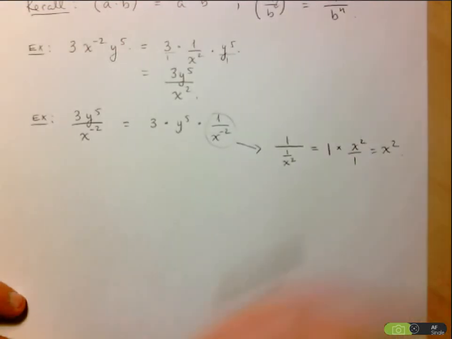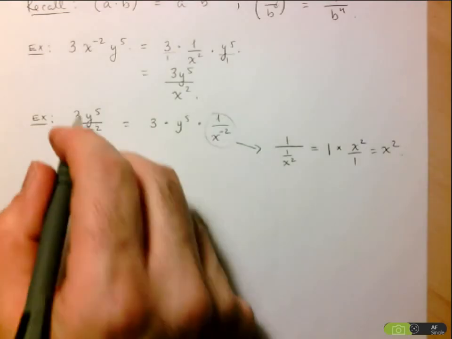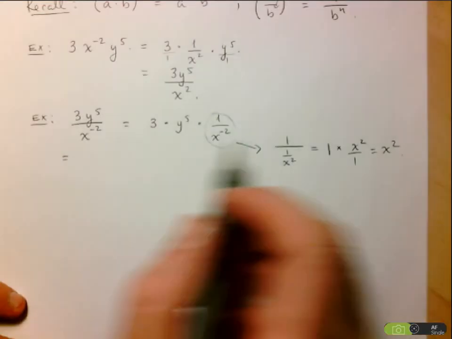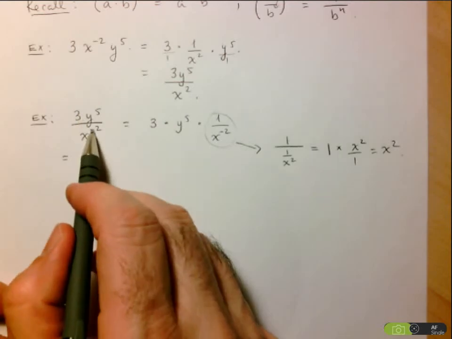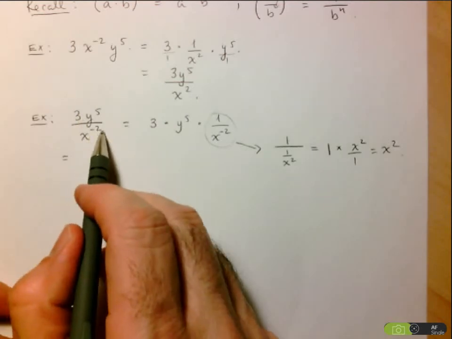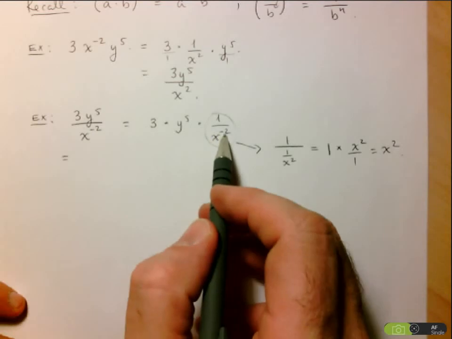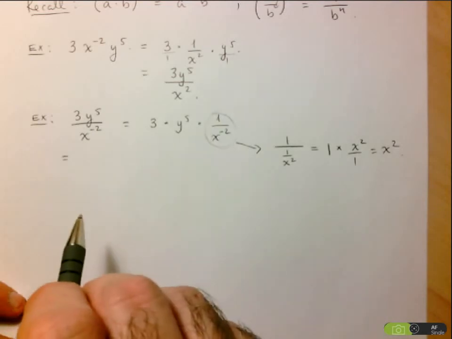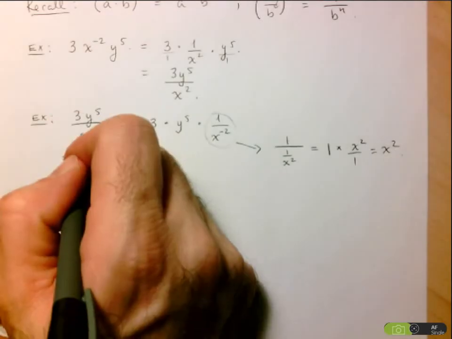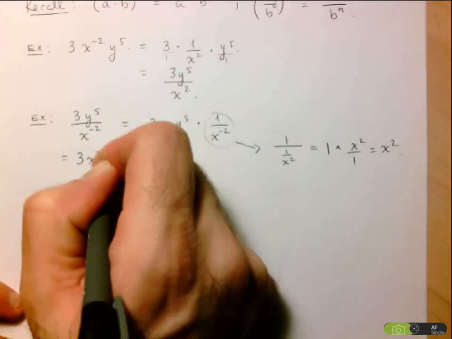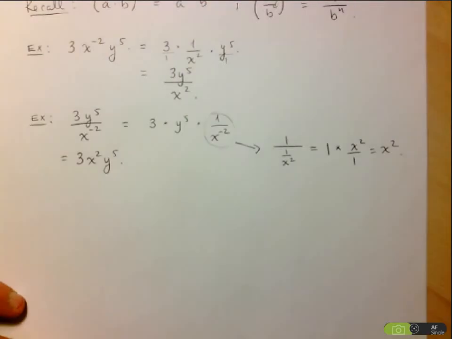So that's just x squared. So in the end, what will this be equal to? This x to the negative 2 in the denominator is just equivalent to x to the power 2 in the numerator. So this just would be 3x squared y to the 5.